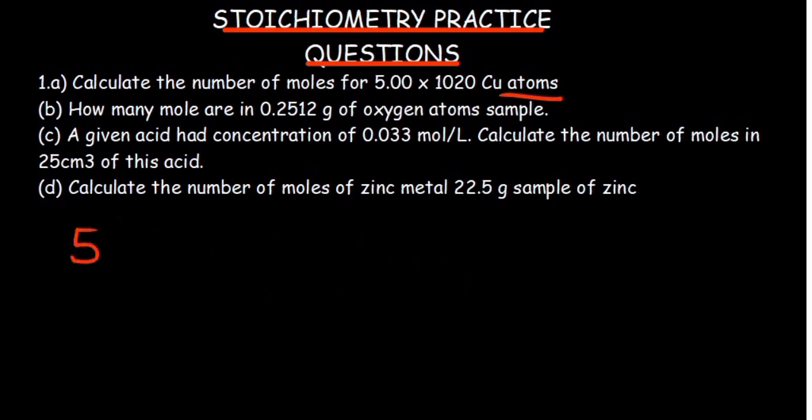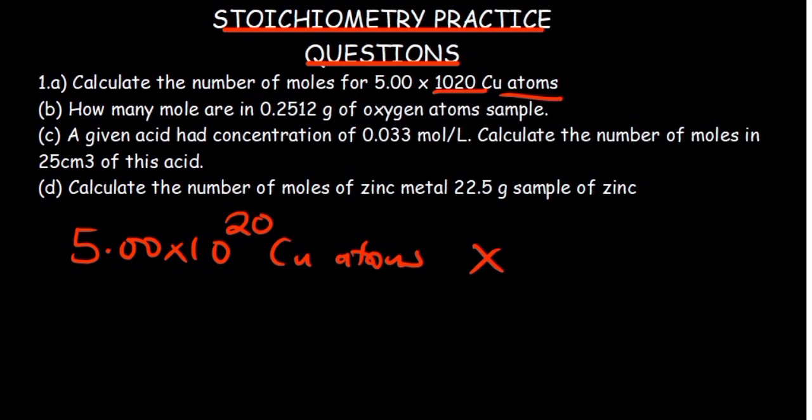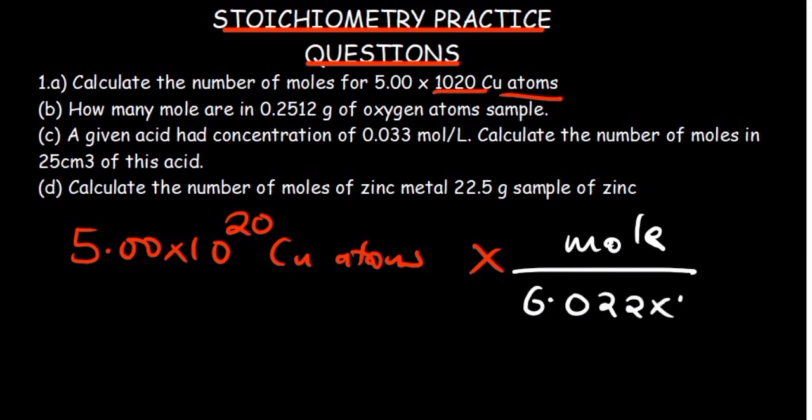So I'll write what we have, 5.00 by 10 to the power 20 atoms. Avogadro's constant will be its reciprocal, so we have a mole containing 6.022 by 10 to the power 23 atoms.